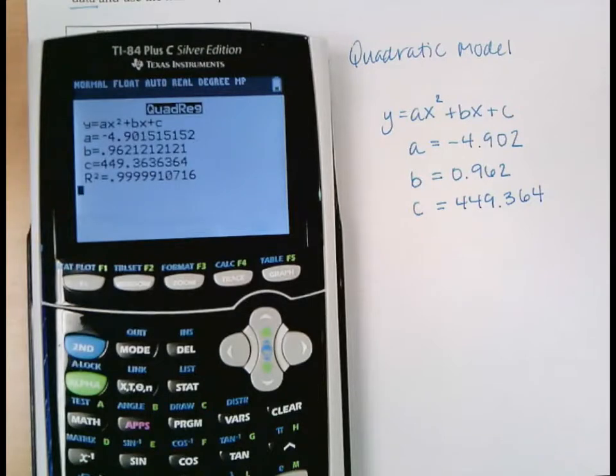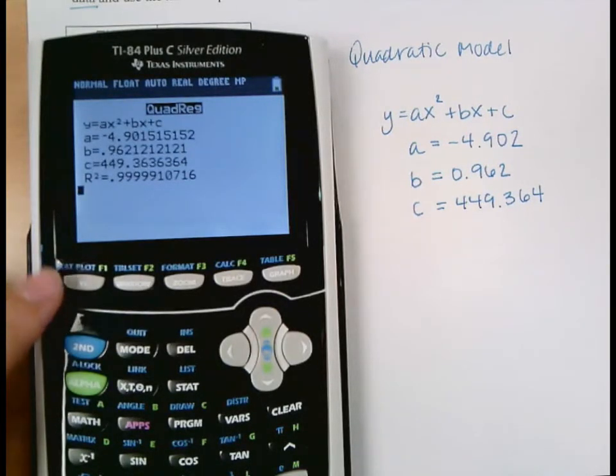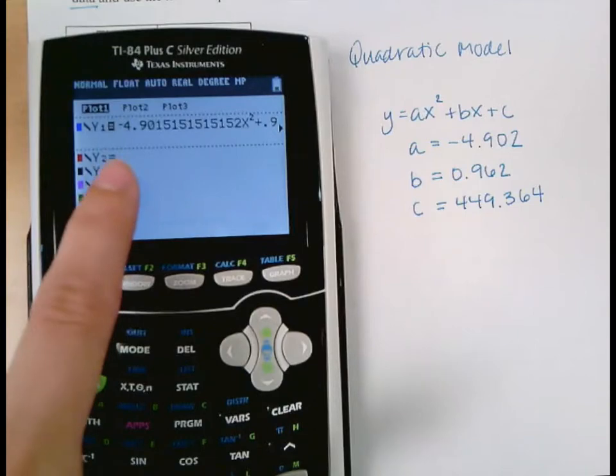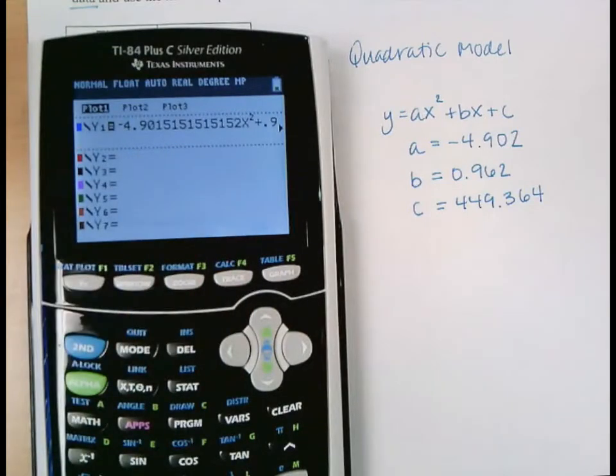So now with the storing part of it, that is a step you don't have to do. But now if I were to hit y equals, it is already put into my y1. This is nice when you want it to graph, because look, it enters more decimal places than you perhaps would want to type in by hand.